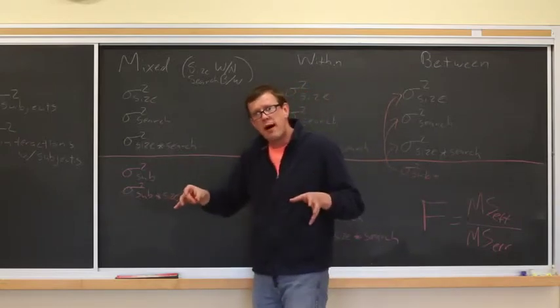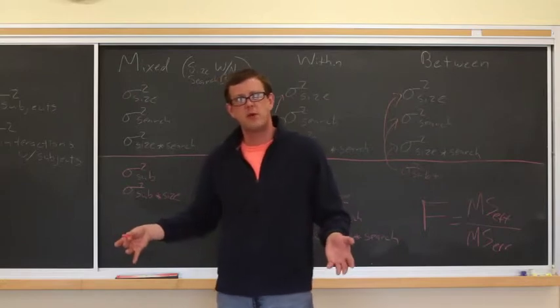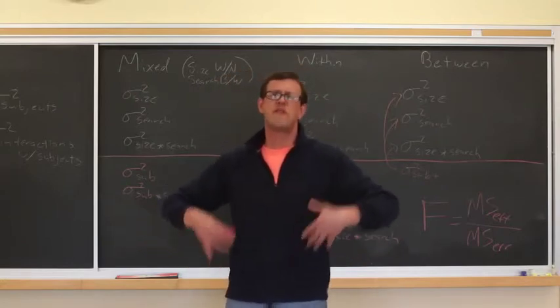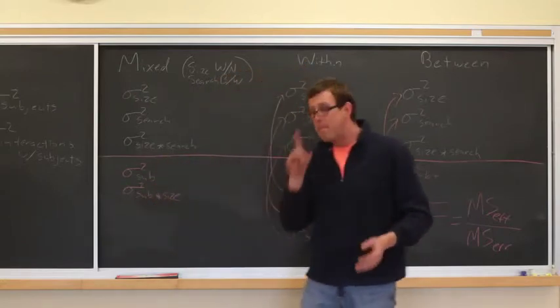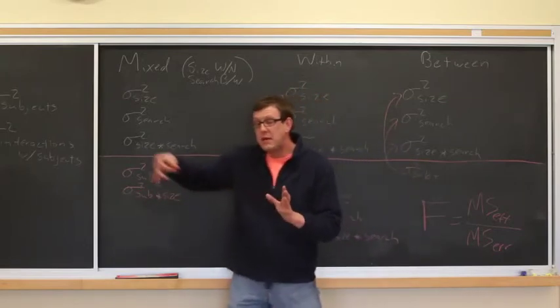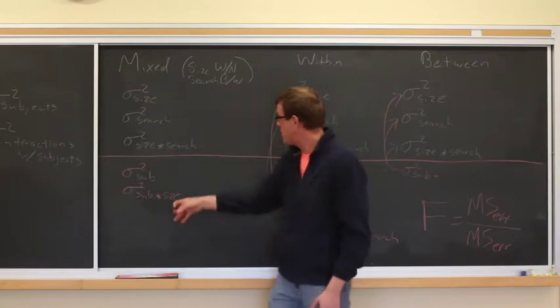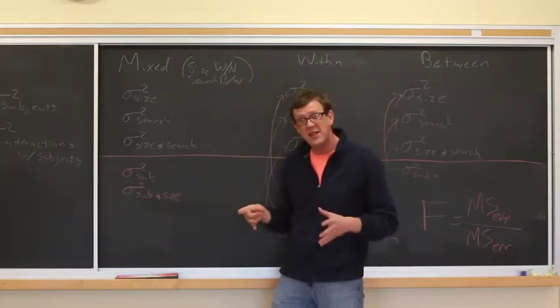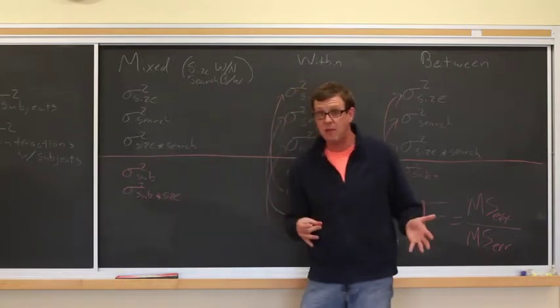Because we have multiple observations of an individual subject, we can tell who is faster and who is slower. And because those subjects have repeated measurements within a certain variable, here, size, right? Size is the variable that's varying within subjects.